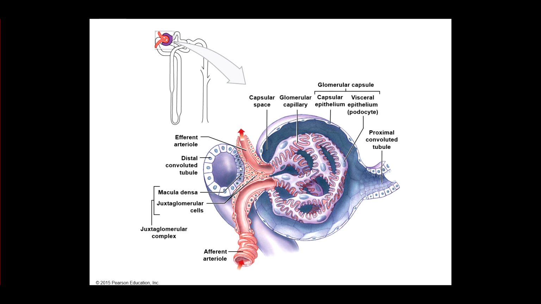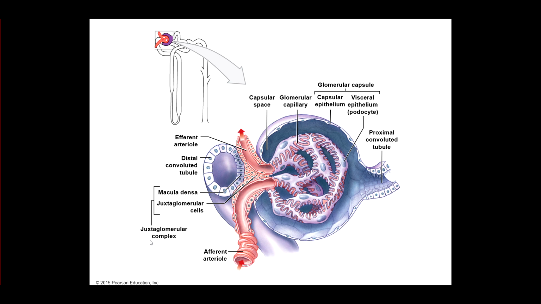These packed cells of the distal convoluted tubule are known as the macula densa. Just think that they're densely packed. These macula densa cells are regulatory cells of the juxtaglomerular complex. Like I said, they're involved with regulating blood pressure and the rate of glomerular filtration.